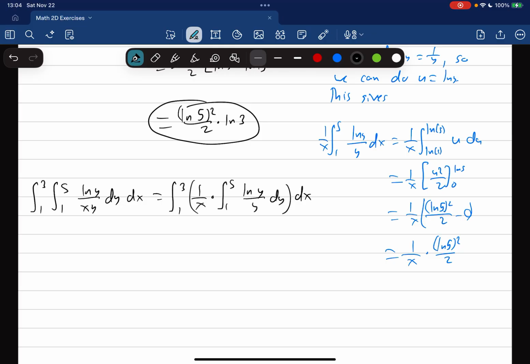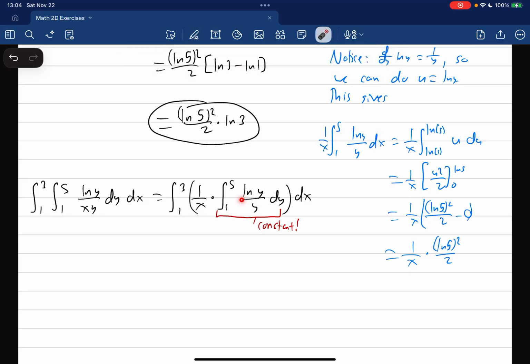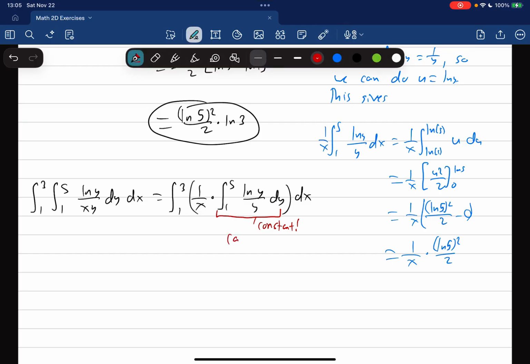And one key thing to notice here is that this is just a constant. Because it's an integral of some function, we're integrating this function of y with respect to y. So when we evaluate this integral, it's just going to be some constant, right? Call it c.